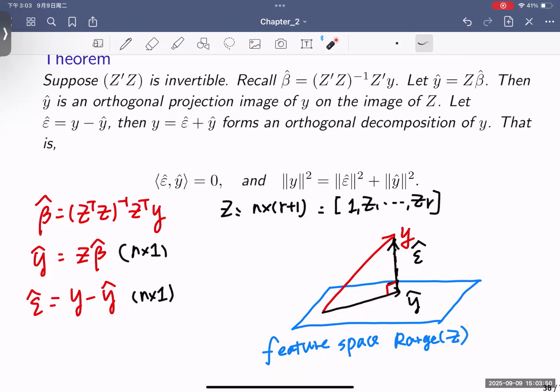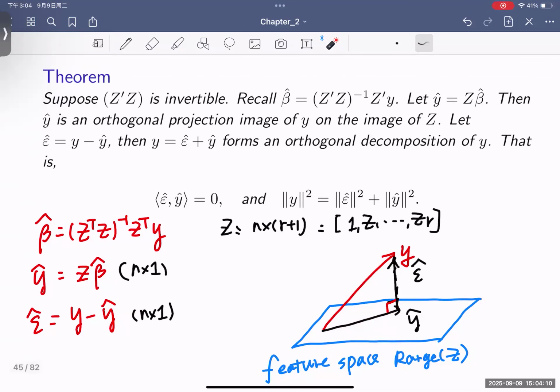This also indicates it is the smallest distance compared with other terms. Naively speaking, least squares is a projection from our target variable to our feature space. This is why least squares makes sense: we want to build a connection between our target and our features, and the connection we build is a projection onto our feature space.